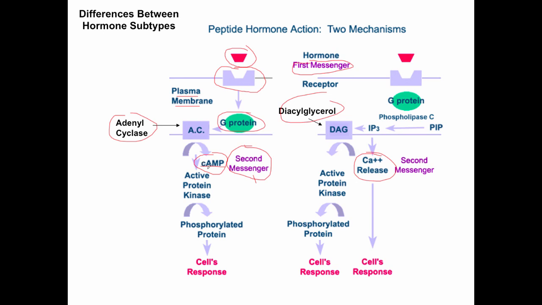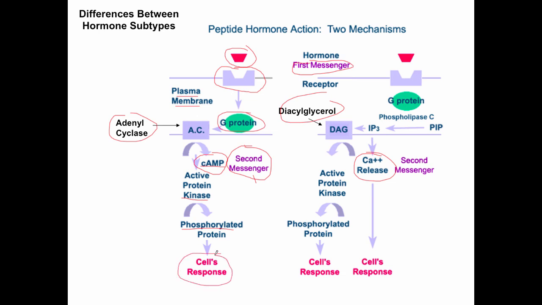And then cyclic AMP activates an enzyme called a protein kinase. And protein kinase enzymes phosphorylate proteins, meaning that they add a phosphate group to a protein. Now, protein phosphorylation is basically just a way to activate or inactivate a protein, oftentimes an enzyme, right? And then it's that activated or inactivated protein that brings about the cell's response.